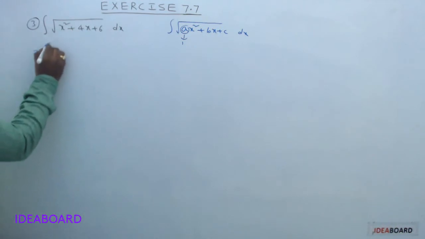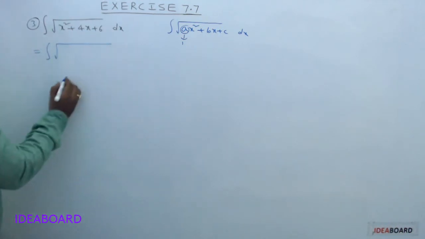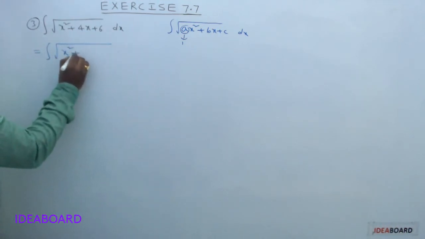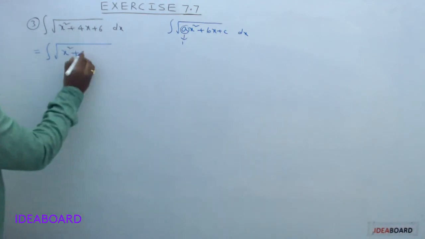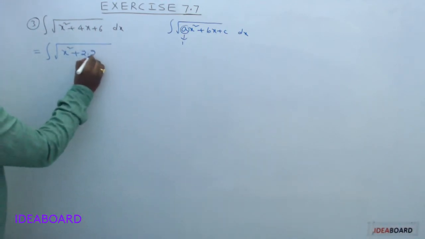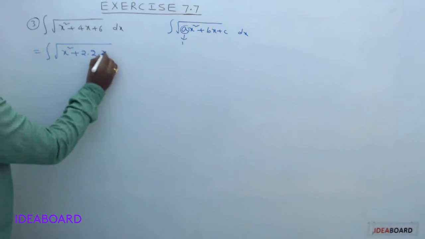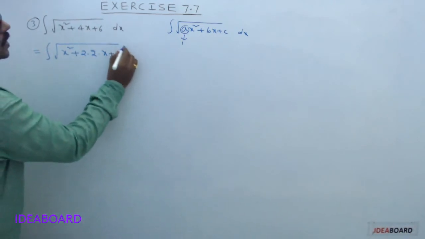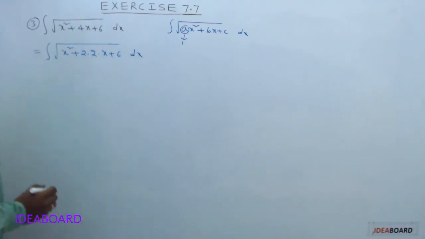Now it is integral square root of x square plus this 4 can be taken as 2 into 2 into x plus 6 dx.